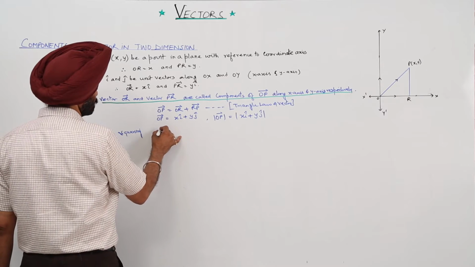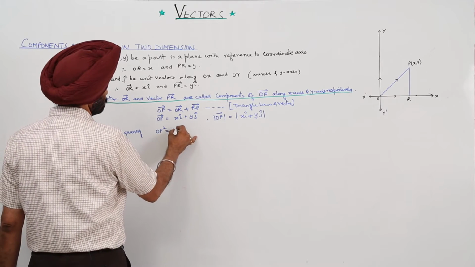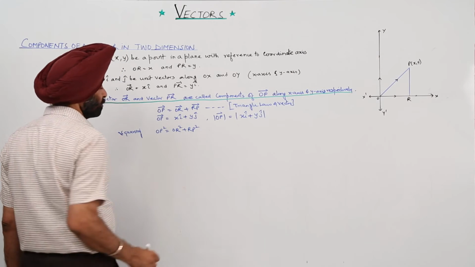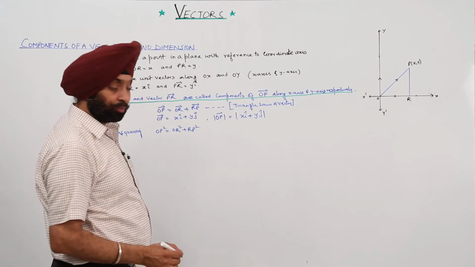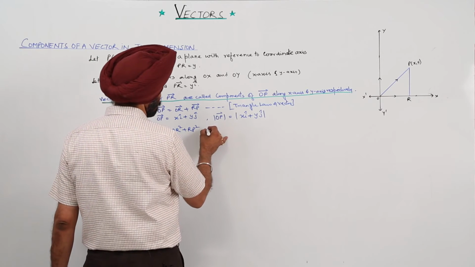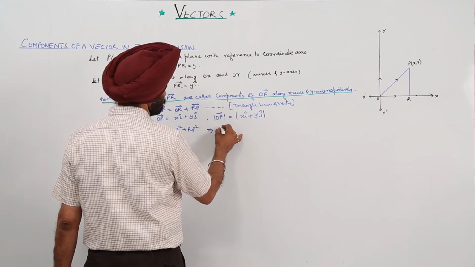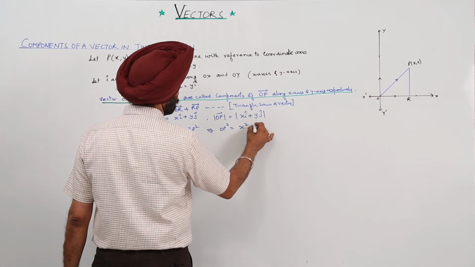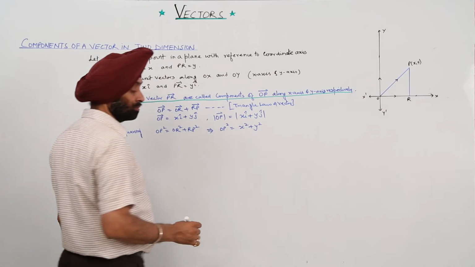Squaring, OP square is equal to OR square plus RP square. This is using the Pythagoras theorem, and this implies OP square is equal to x square plus y square.